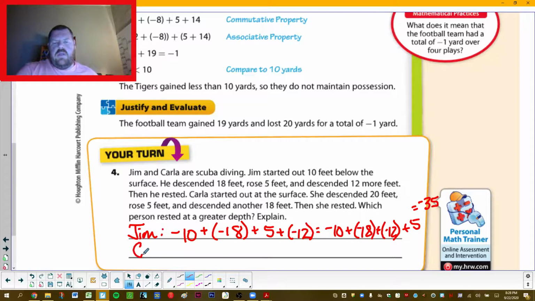Let's see where Carla is. And you can do this one of 2 ways. Here's the way that I would look at it. She starts at the surface, so that's 0. Then she goes down 20. Then she comes back up 5. And then she goes down 18.